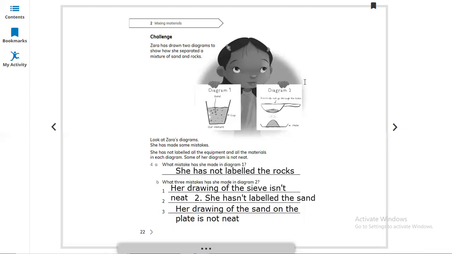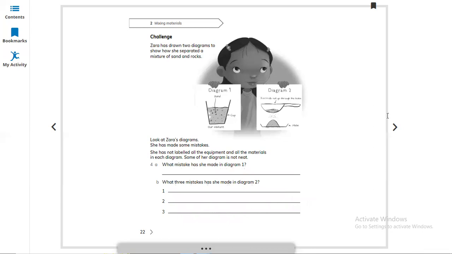So you can write these mistakes, which we can easily find out from the diagram. Let's move to the next part.